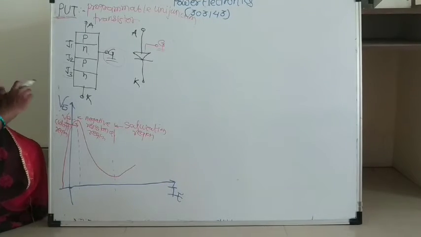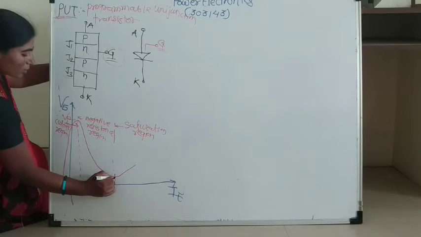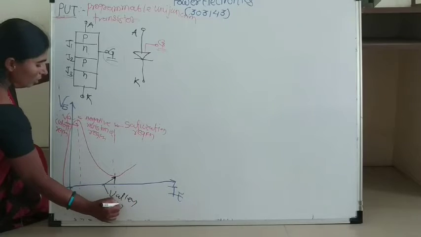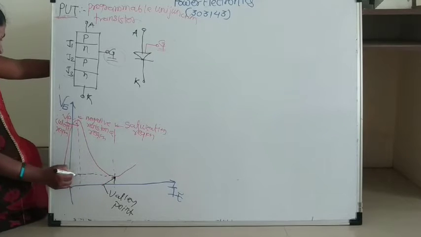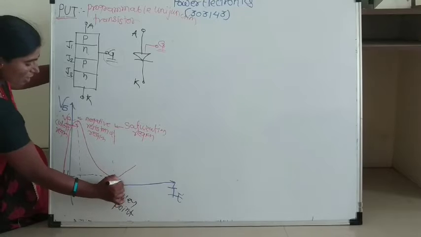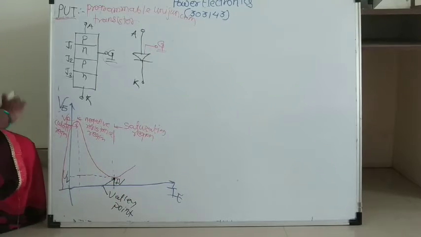Now this point is called the valley point. At this valley point, the voltage present is called the valley voltage and the current present is called the valley current. These are the characteristics.